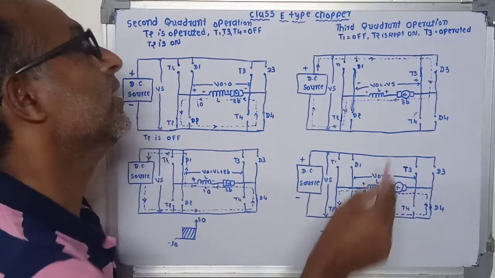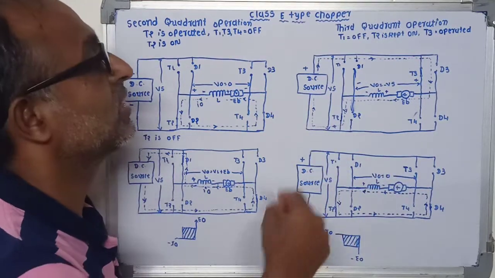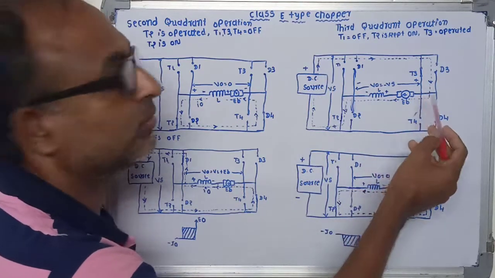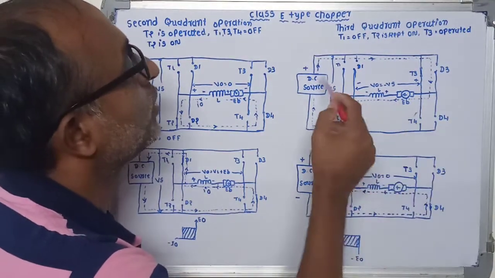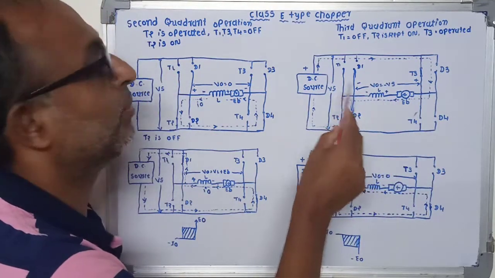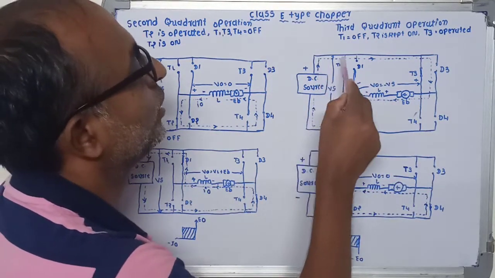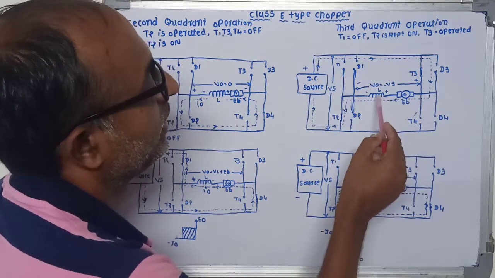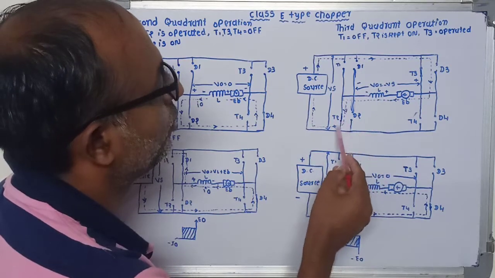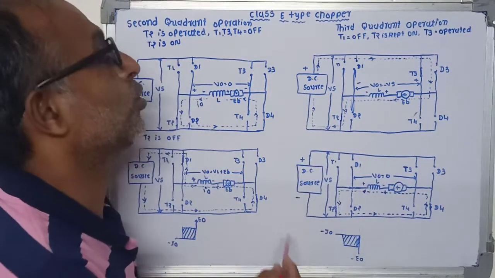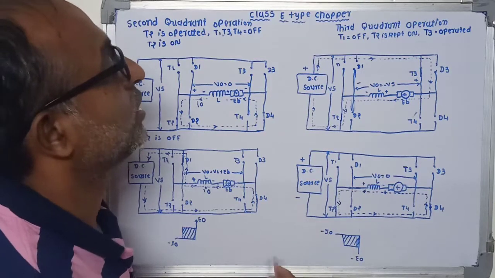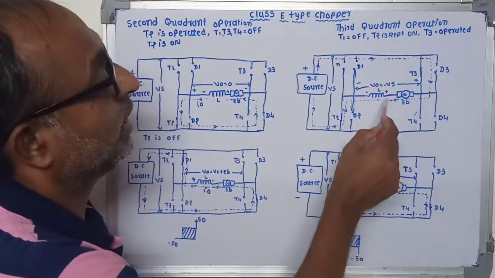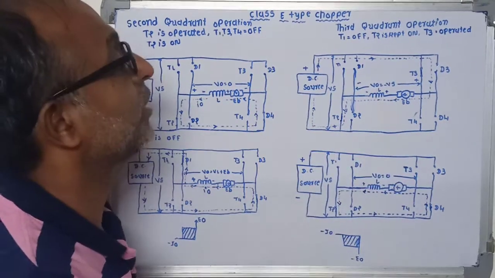That means your output voltage is equal to minus Vs. Due to this voltage, current I0 will flow from source to load, and its path is positive Vs to thyristor T3, then motor, inductor, then thyristor T2, and the negative terminal of the source, or minus Vs. So you can see that your output voltage is negative and your load current is also in negative direction.